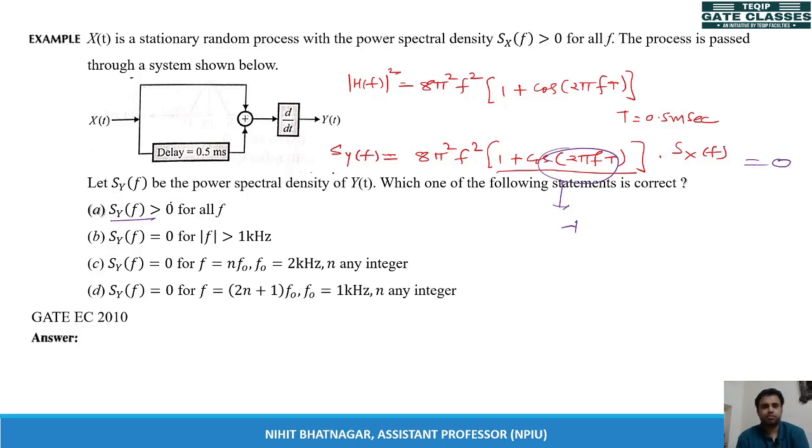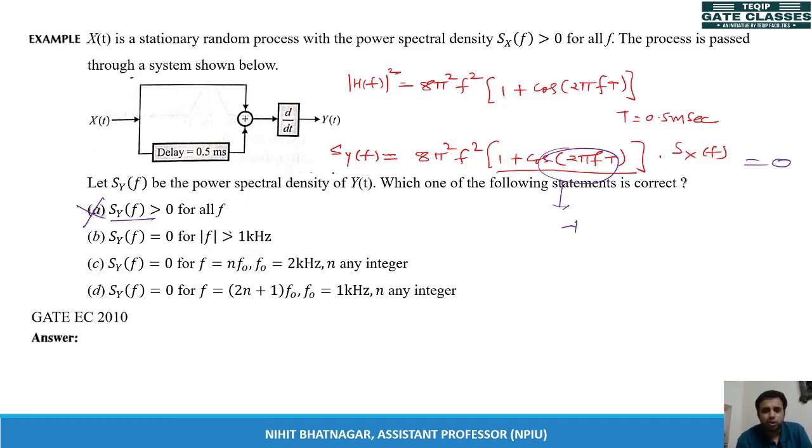So for all values of f, the term Sy(f) is always 0, so it's eliminated, because for any value of f, this cos does not become minus 1. This is not true. Then Sy(f) is equal to 0 for |f| greater than or equal to 0.